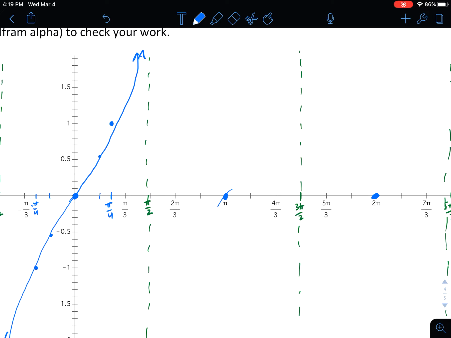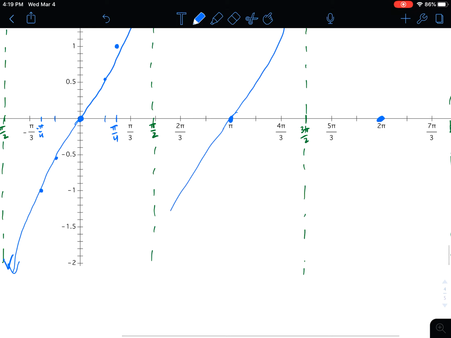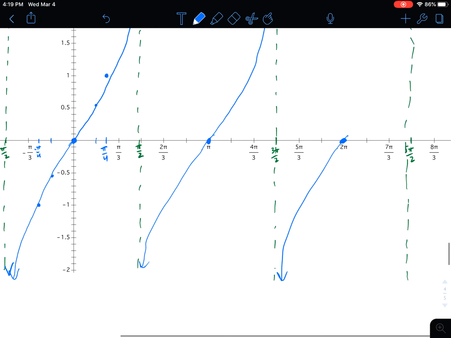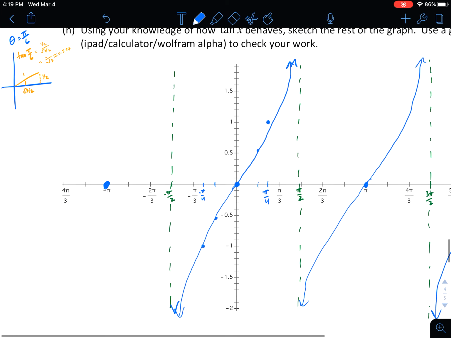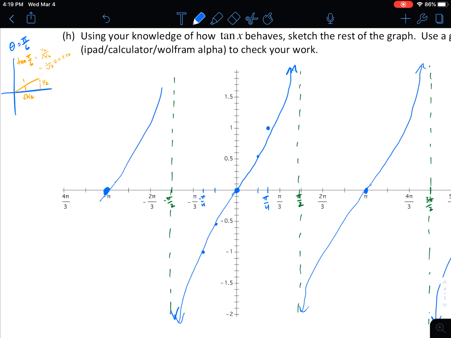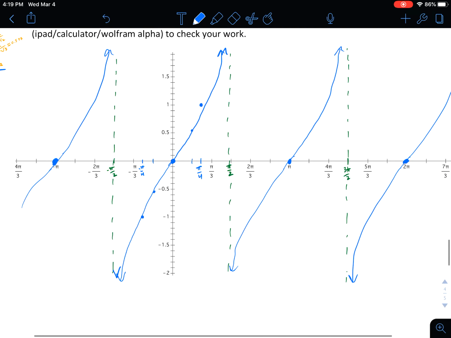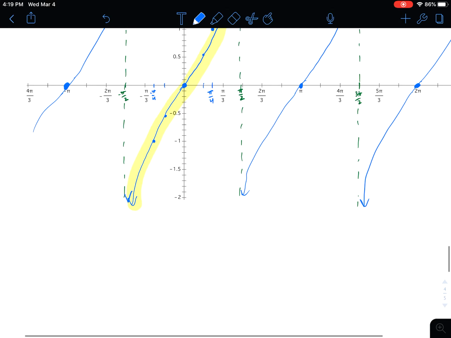One way to think about this repetition and to make a bit more sense of it is to think about the period. Looking at this graph, we can figure out the period by figuring out how long it takes for the graph to repeat itself. And the graph repeats itself after one of these chunks.